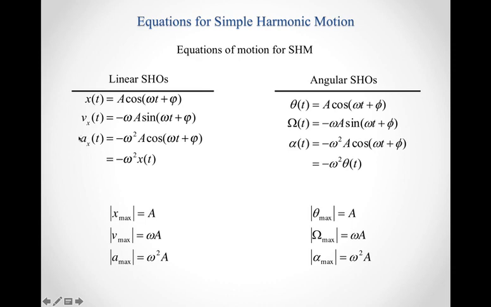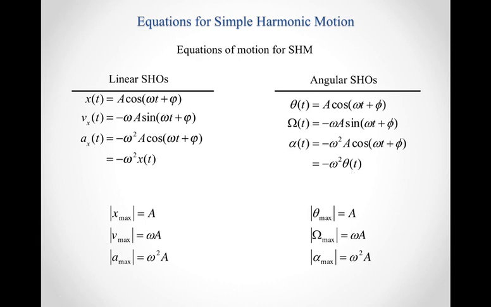And so what I notice is that the x component of the acceleration is equal to negative omega squared times the displacement. And again, that's true for my linear simple harmonic oscillator. It's also true for my angular simple harmonic oscillator. So with an angular simple harmonic oscillator, I have that the angular acceleration is equal to negative omega squared times the angular displacement.